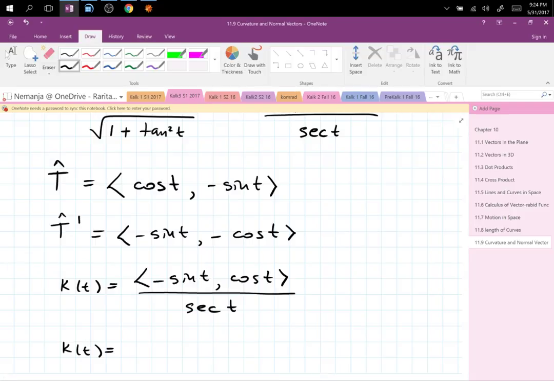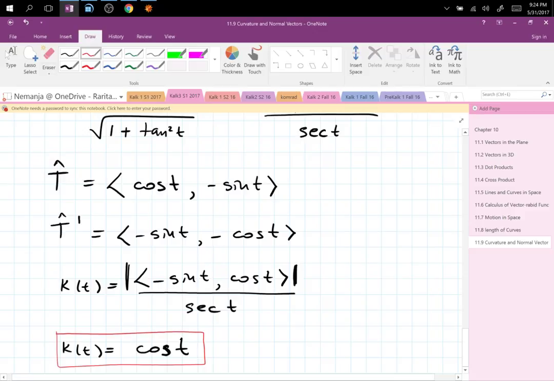Oh yeah, this is a magnitude right here. Are we all getting cosine t as the answer? Anyone?